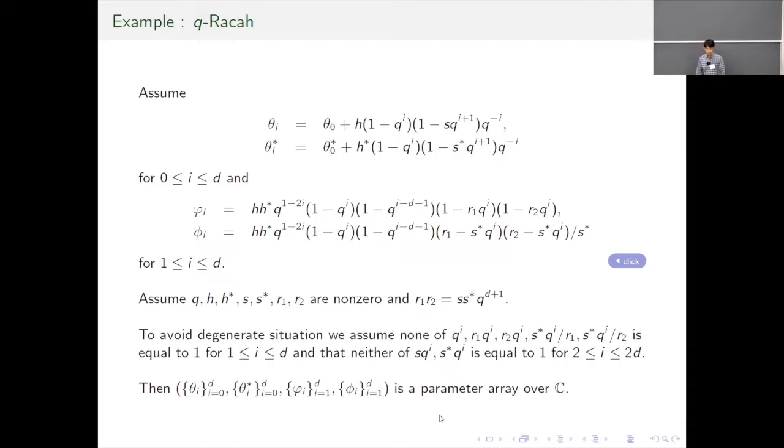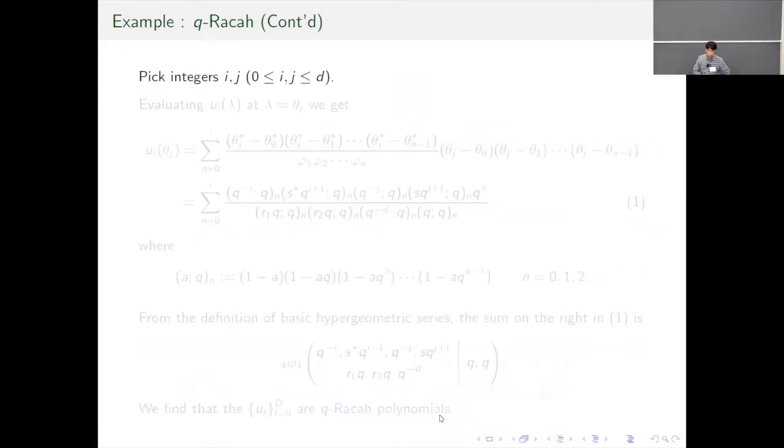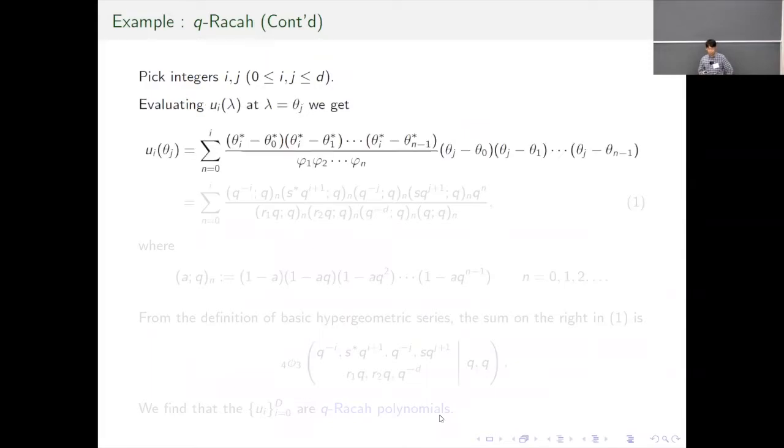Then it turns out that these parameters satisfy all 5 conditions of the parameter array definition. Those 5 conditions are satisfied. And with this expression, we choose I and j, and we evaluate u I at theta j.